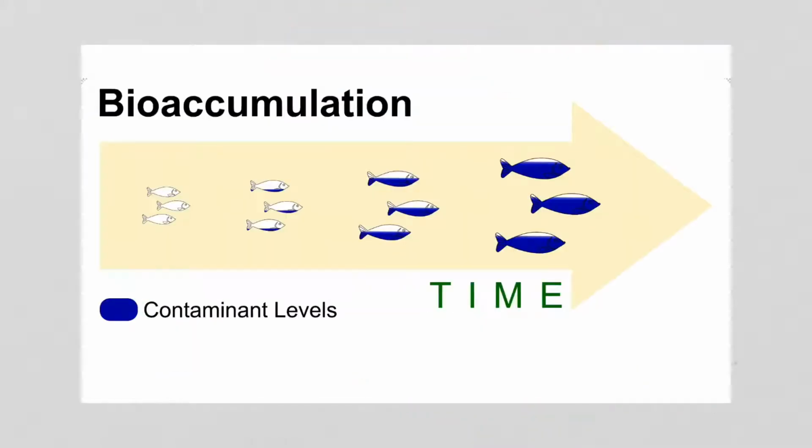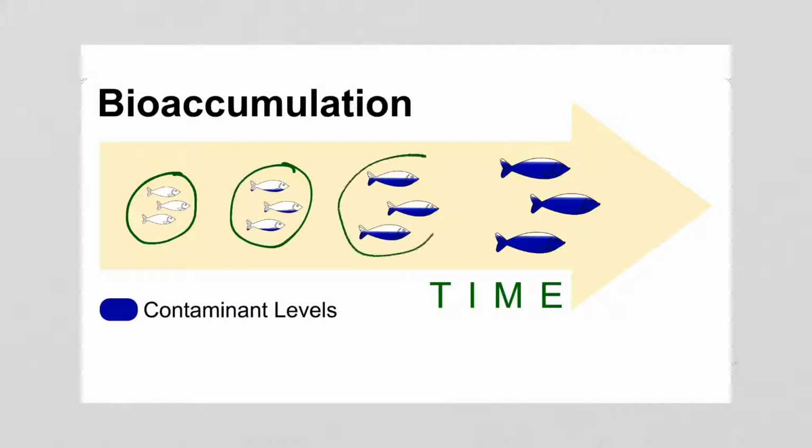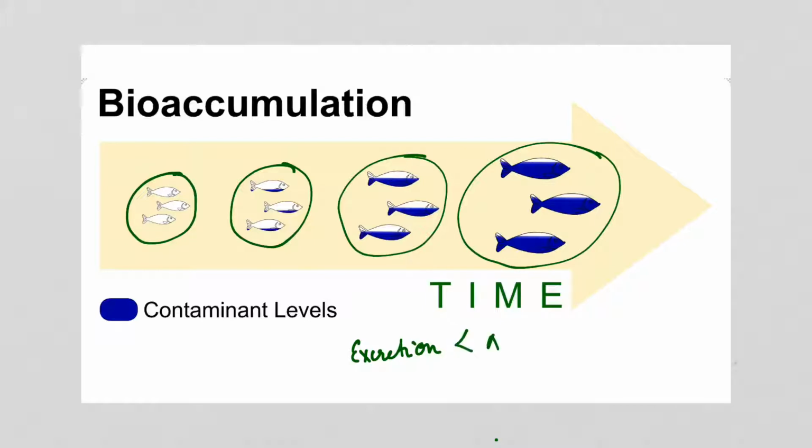Now this is an example. See the contaminant level here: from the fishes, the contaminant has increased. This happens when the rate of excretion is less than accumulation. Now if the excretion rate is more, what will happen?